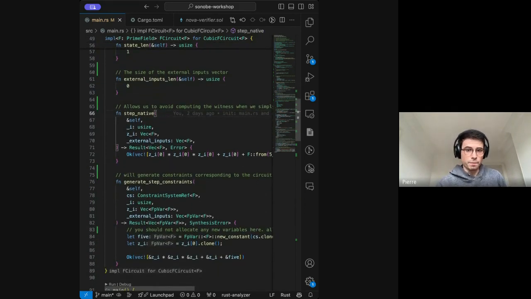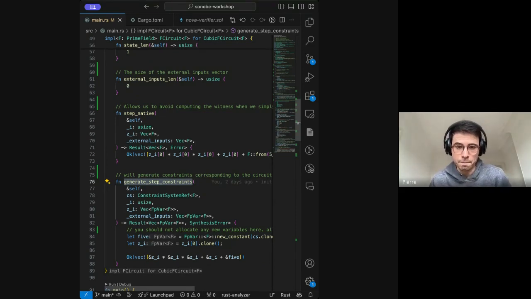There are also two important methods to be aware of, which is the step_native method, meaning a step that is done natively without using any R1CS arithmetization, and the generate_step_constraints that will generate actual R1CS constraints for your circuit. And this is where you are going to define your R1CS circuit.